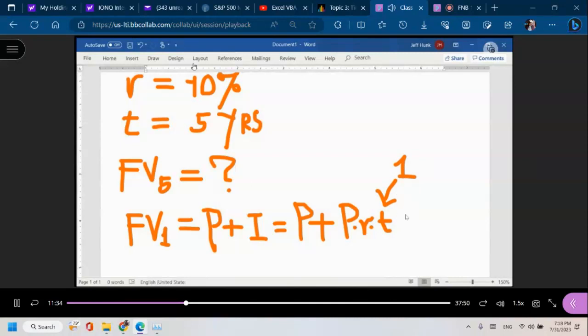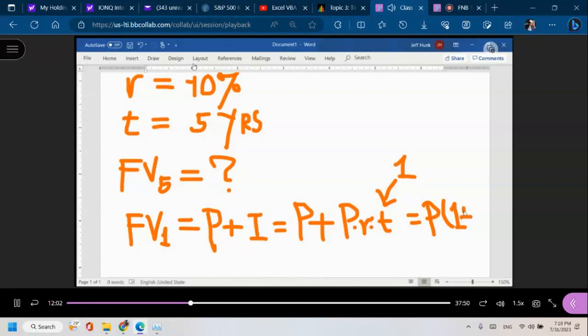Because it's 1, you don't have to write it. And then we know when there is a common factor, you need to factor out to simplify, to make the expression the simplest possible.